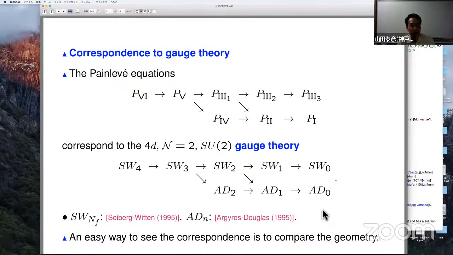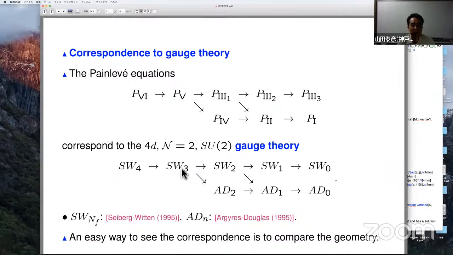And using the Hamiltonians, we can relate the Painlevé equation to gauge theory. The correspondence is like this. Here are 8 Painlevé equations, and here are 8 gauge theories, and there is a one-to-one correspondence between them.